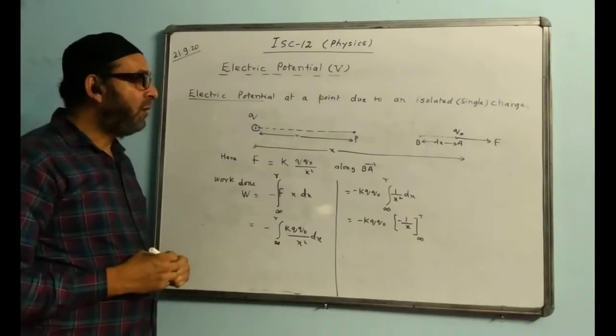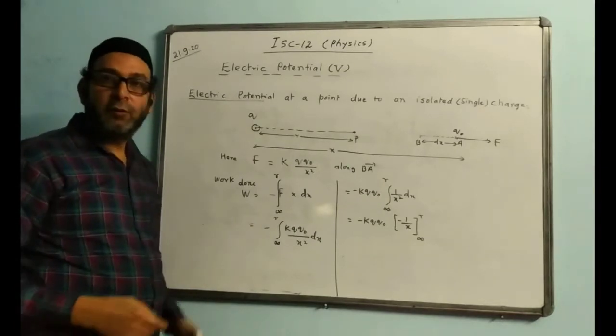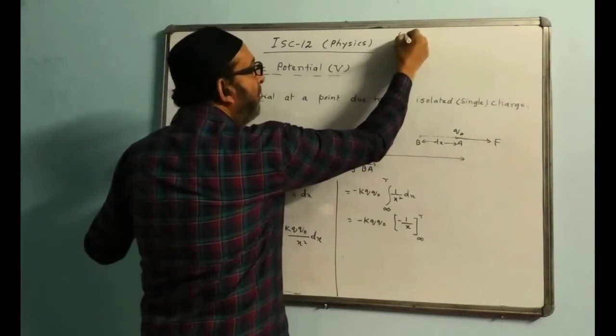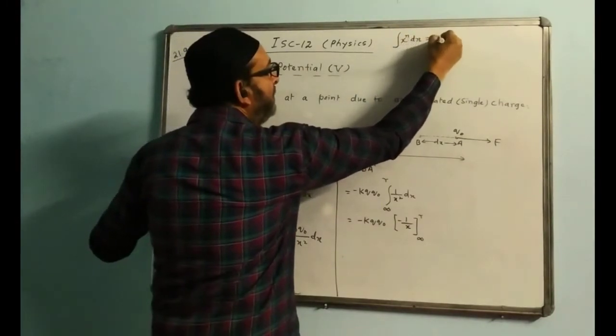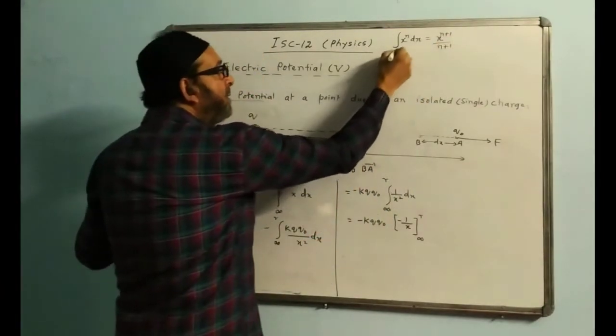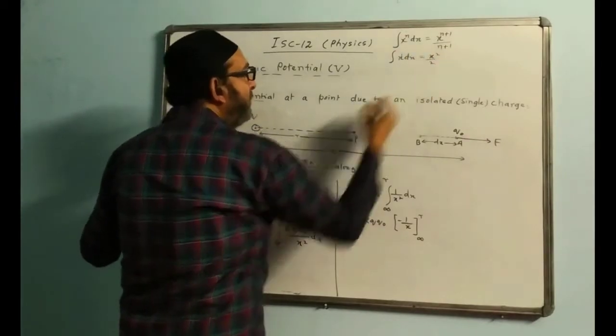If you have not done integration, then I will give a little idea and show you. The formula for integration of x to the power n dx is x to the n plus 1 by n plus 1. For example, if we are doing x dx, the power is 1, so the answer will become x square by 2.